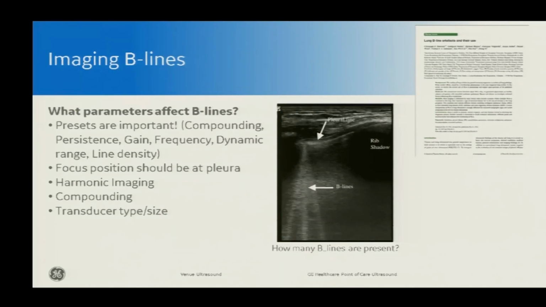It's a great tool, but it doesn't work for B-lines because, as you can see, we can't count B-lines if we have compounding on. I'm really surprised when I Google B-lines and I look at the images on the internet, how many of them actually have compounding on, some even with some of our prior equipment. So be sure that you don't turn compounding on. It's off by default in the lung preset.